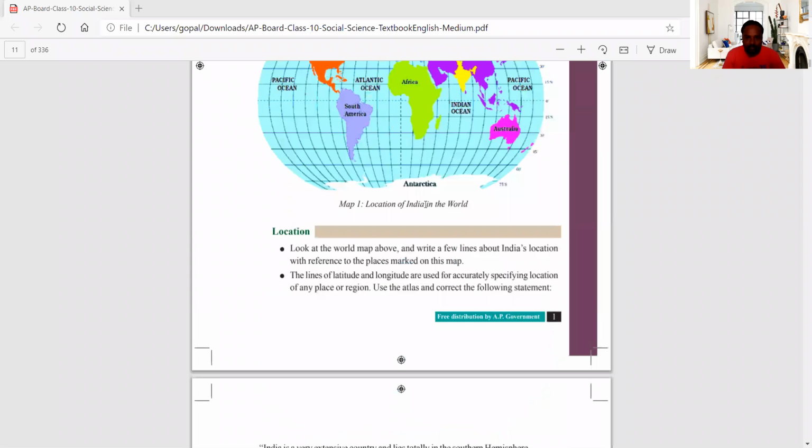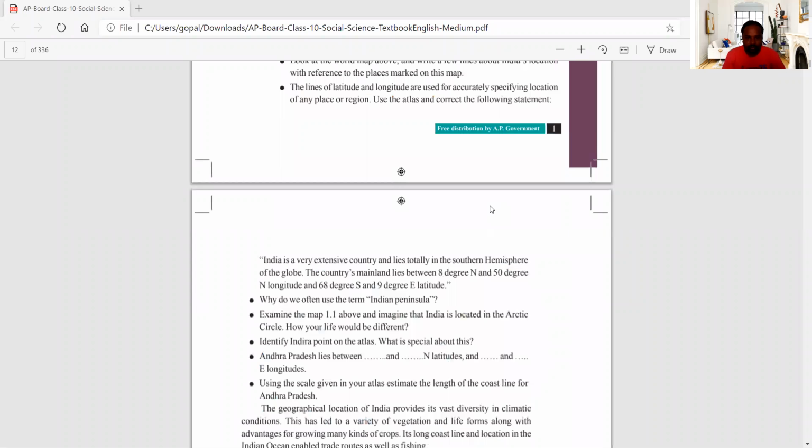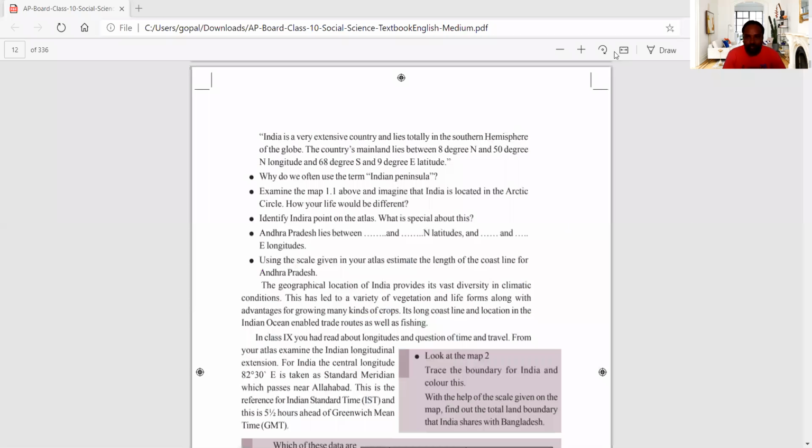See here, next, India. So if you see here, India is located on this place.